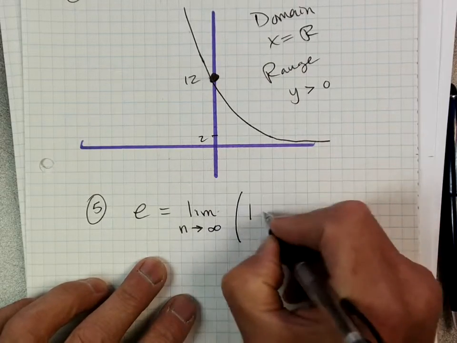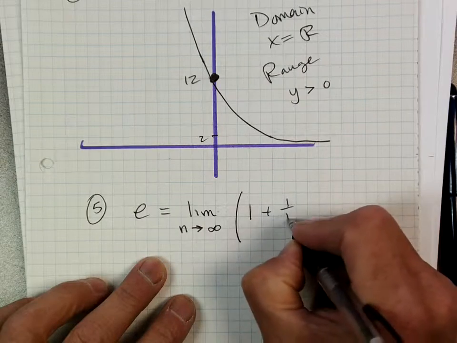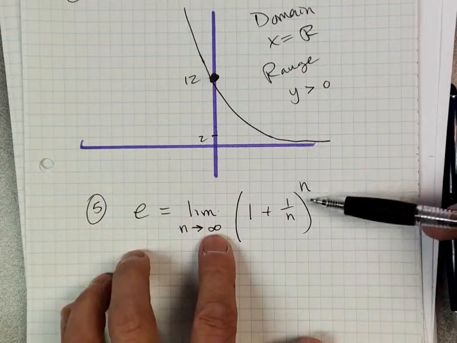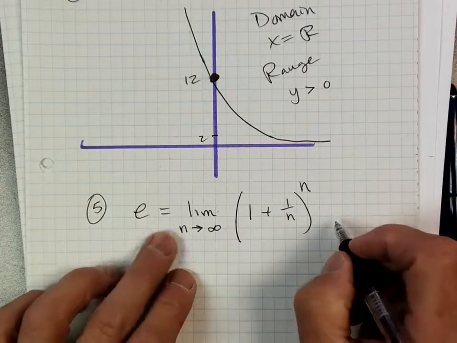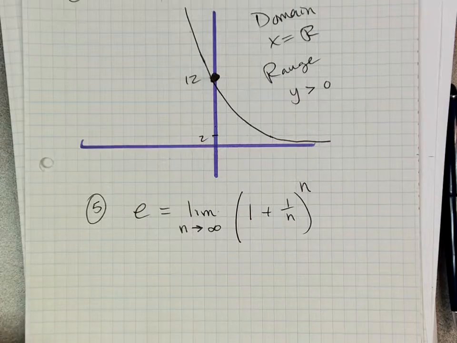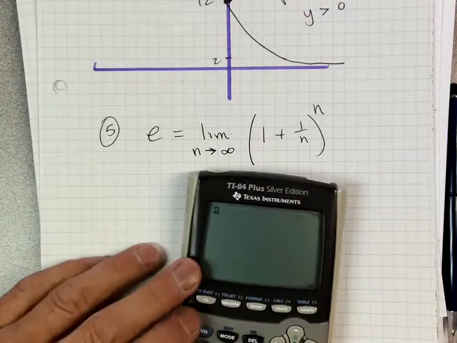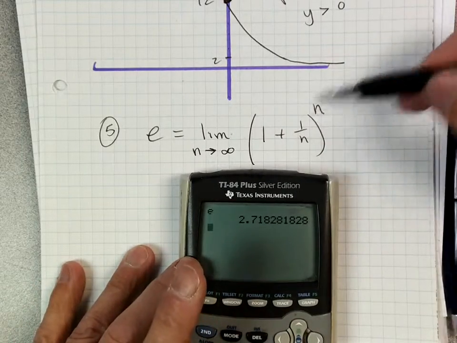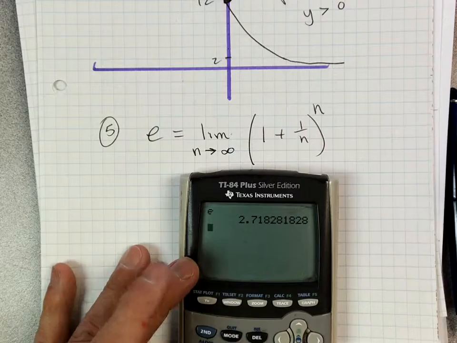Parentheses, 1 plus 1 over n, to the n power. We've seen that as n gets bigger and bigger, you get closer and closer to about 2.718 and so on, which is the number e. If I go second e, there it is as a decimal, and as your values get bigger and bigger, you get closer and closer to that value.